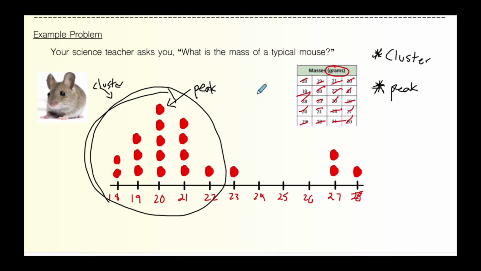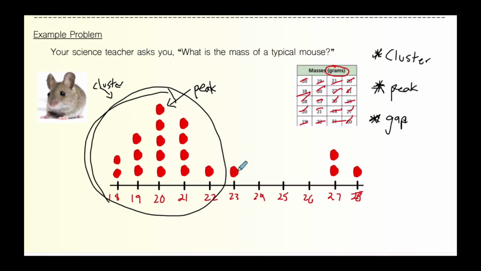The last word that you might be asked about is, do you notice any gaps in the data? So a gap is an interesting thing because it tells us that the points that are on either side of the gap might be a little funky. There might be something up with those. So most points are clustered here.